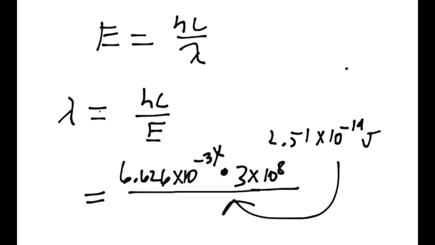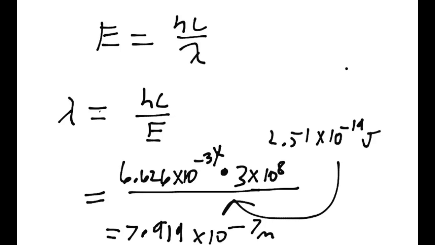In order to solve our problem, all we have to do is plug this math into our calculator, not forgetting to use parentheses in the correct places, and you will end up getting your answer of 7.919 times 10 to the negative 7th meters.